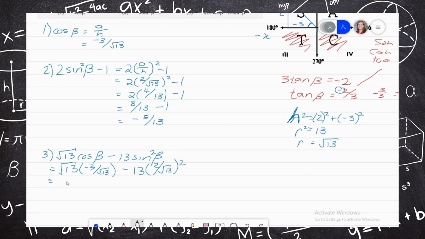Now that'll be square root of 13 over 1 times -3 over square root of 13, minus 13 over 1 times 2 squared, which is 4, over square root of 13 squared, which is 13. These two will cancel with one another, and those two will cancel with one another. You'll end up with -3 minus 4, and that will equal -7.